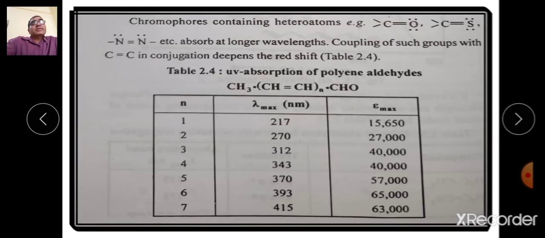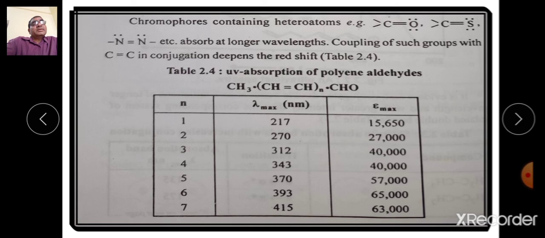Okay, now again the chromophores containing heteroatoms like oxygen, sulfur, nitrogen also absorb the longer wavelengths. Coupling of such groups with our olefinic compound in conjugation deepens the red shift, that is the shift towards the bathochromic, towards the red.